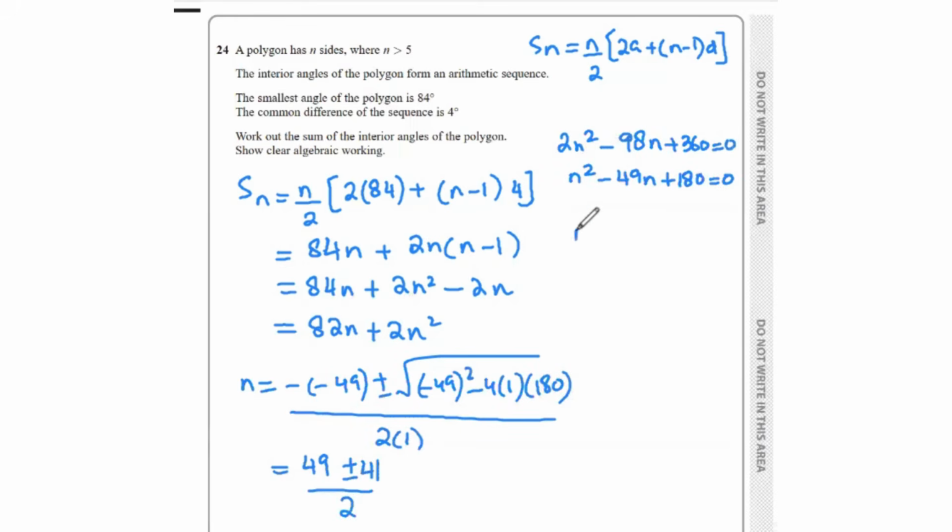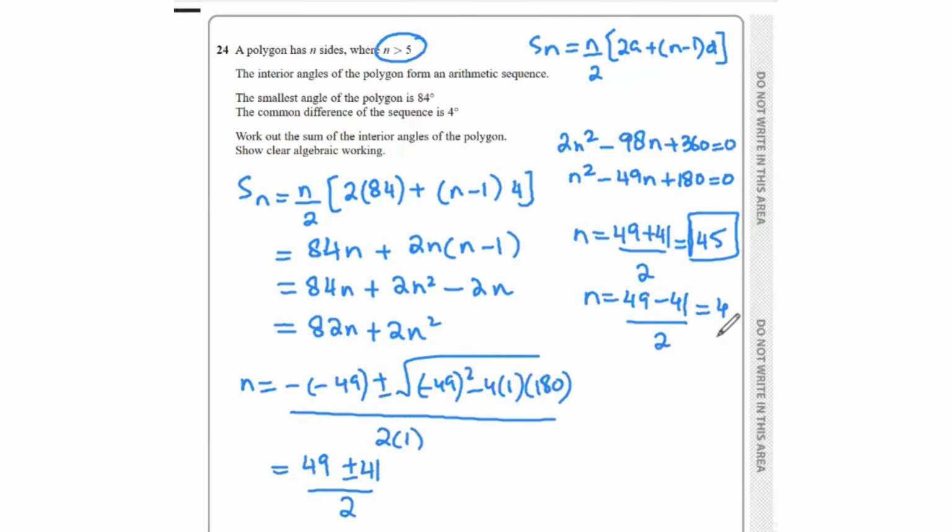So one value of n is going to be 49 plus 41 over 2, which gives us 45. And the other would be 49 minus 41 over 2, that's 4. So now they said that n is greater than 5, which means this is our correct value and this one is rejected.